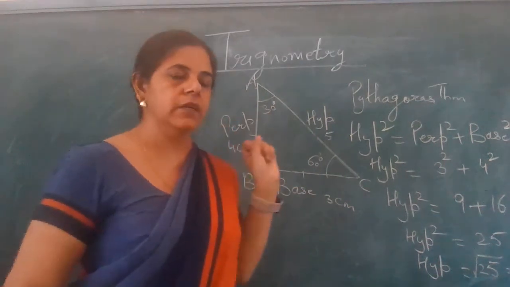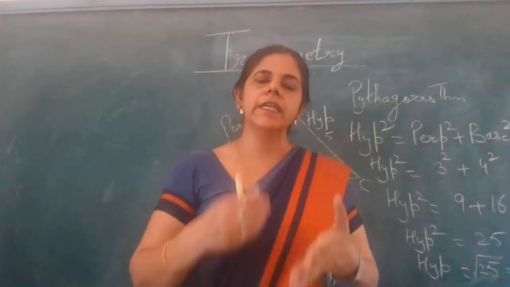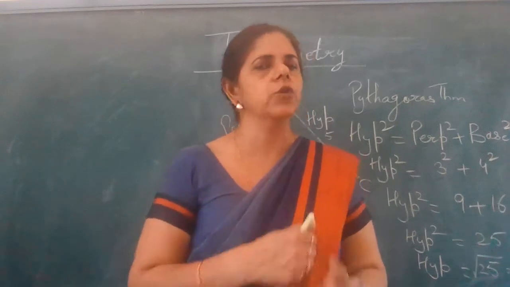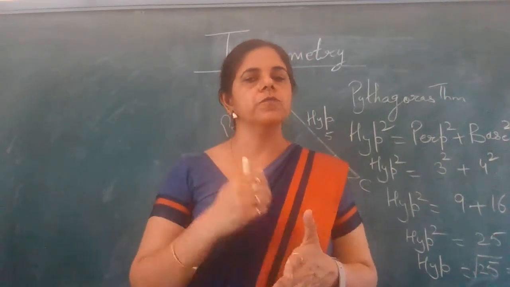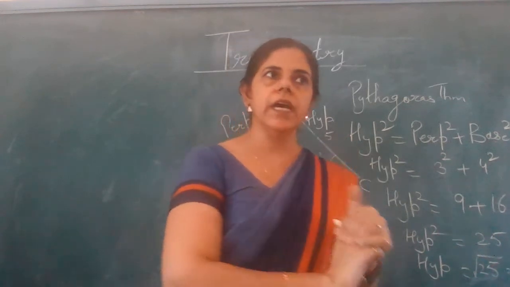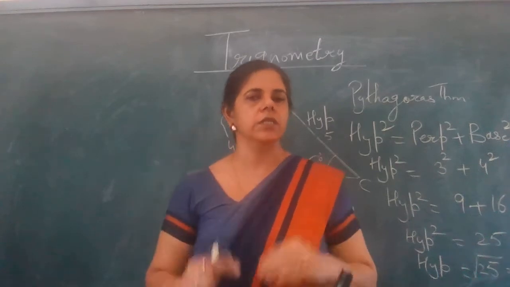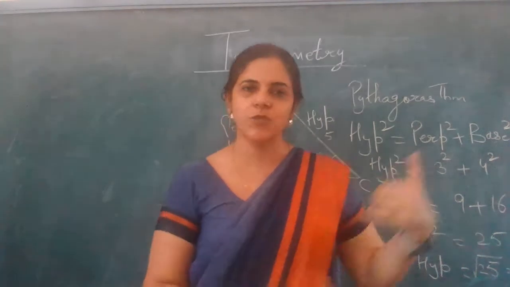Now let's see, there is a little formula. A little formula means we have sine, cos and tan. Now what are these sine, cos and tan? Let's see first of all the formula of sine, then cos and then tan. Now we have a small mnemonic: Pandit Badri Prasad Har Bole. Now let's write this.